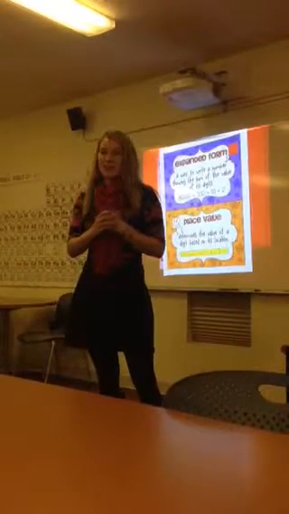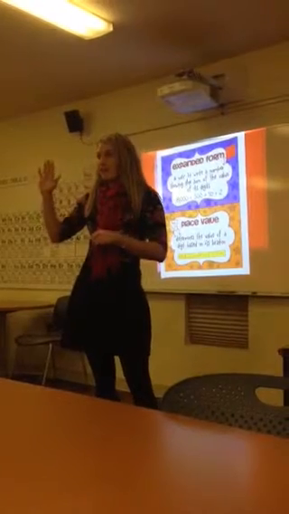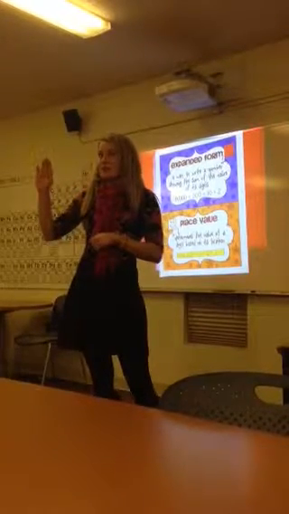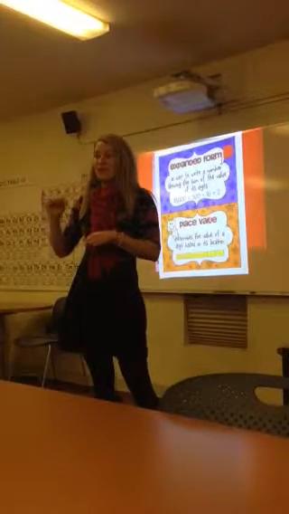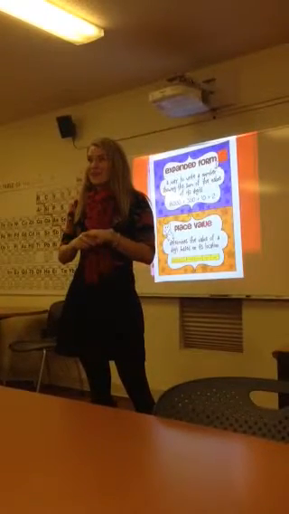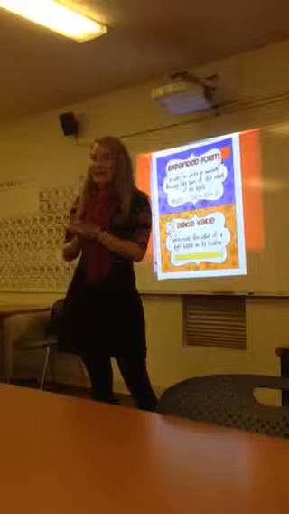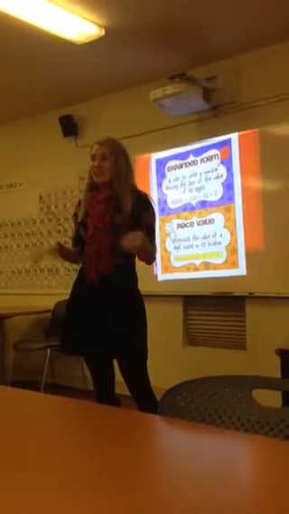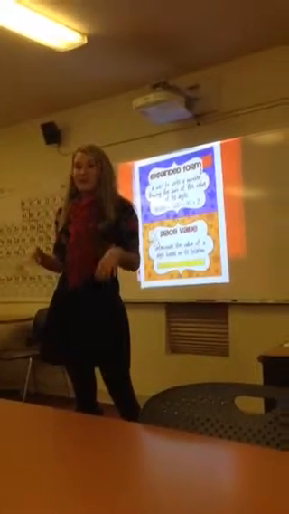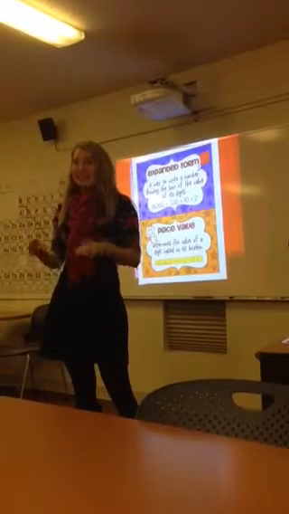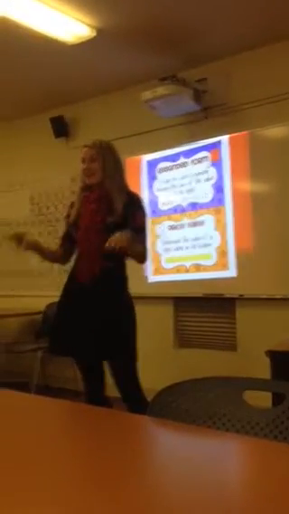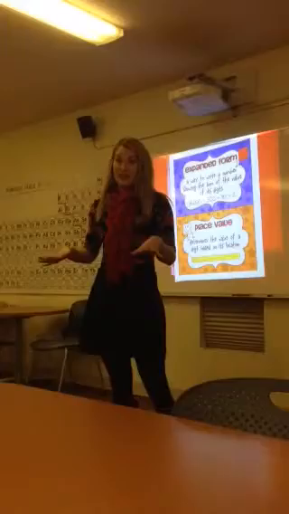Good job. Can we all count to 10? All right, can we do 10 tens, which equals? 100. Good job, guys. All right, let's count by tens together. 10, 20, 30, 40, 50, 60, 70, 80, 90, 100.